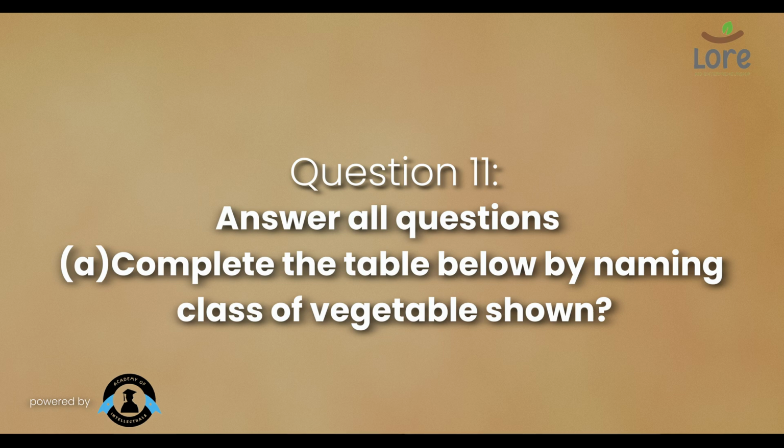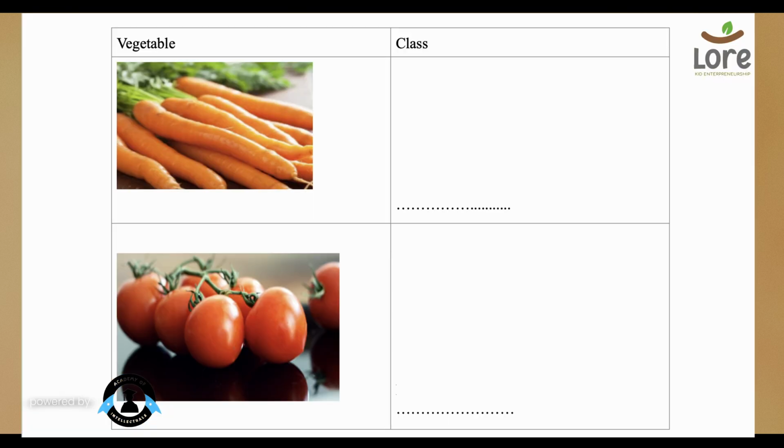Okay, we have vegetables and class. We have carrots and a dash. We have tomatoes. So we have to complete our table by naming the class of vegetables that the vegetables belong to.